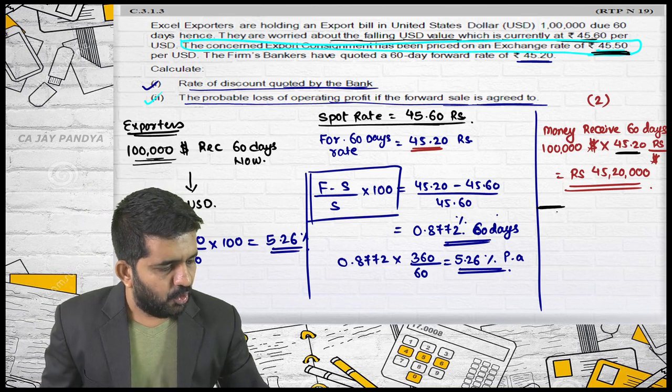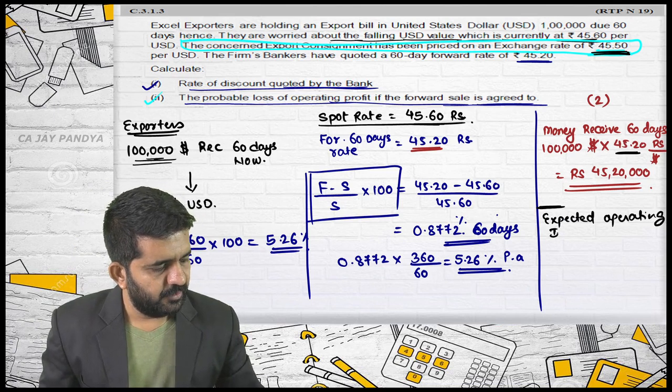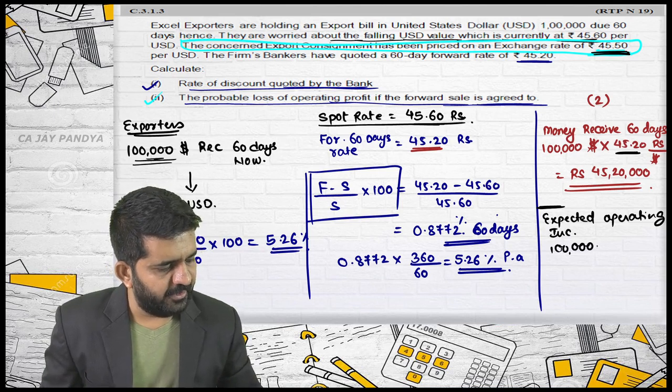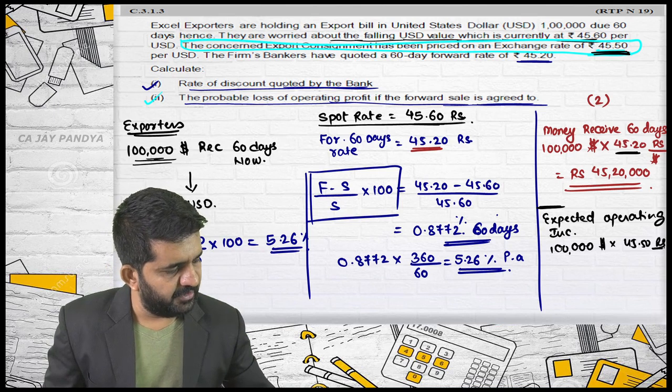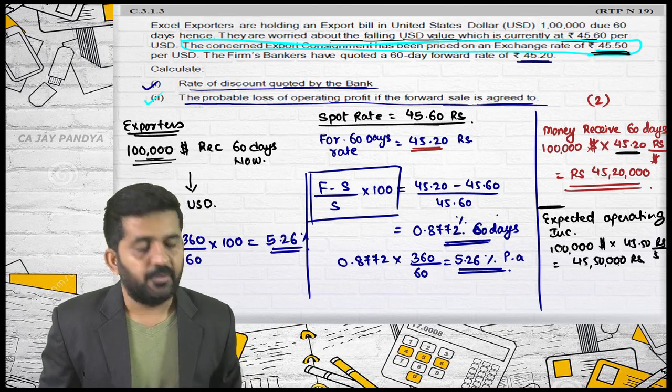So what was their expectation? Operating income was $1 lakh into 45.50 rupees per dollar. So their expectation was 45,50,000 rupees.